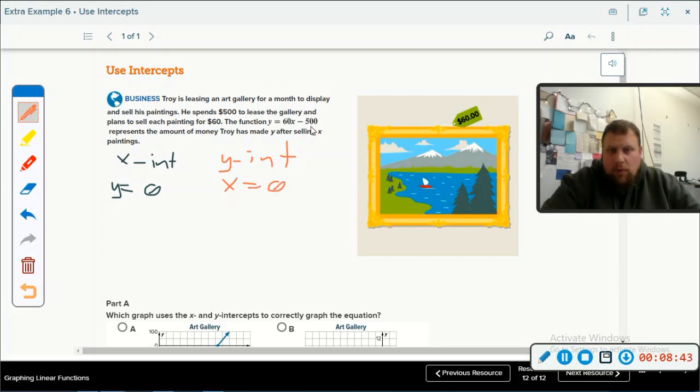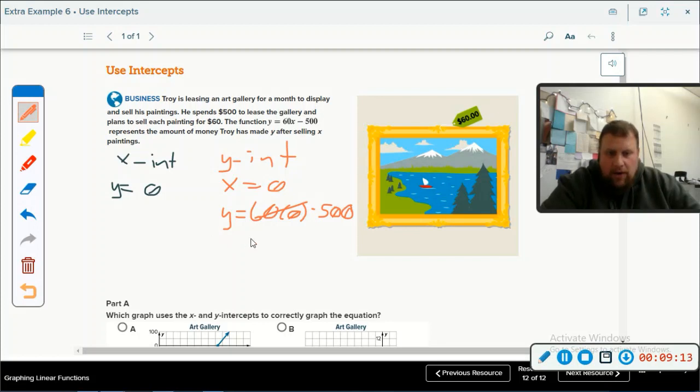When it's in this form of y equals, it's easier to find the y-intercept. Check this out. It's always going to work out like this. I'm going to have y equals 60 times 0, minus 500. Gotta do better at making my zeros not look like 6s. Okay, so anything times 0 is 0, and I'm just left with negative 500.